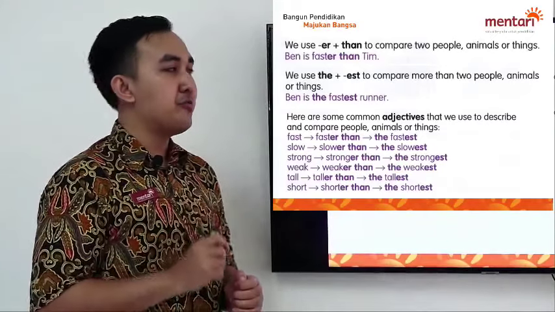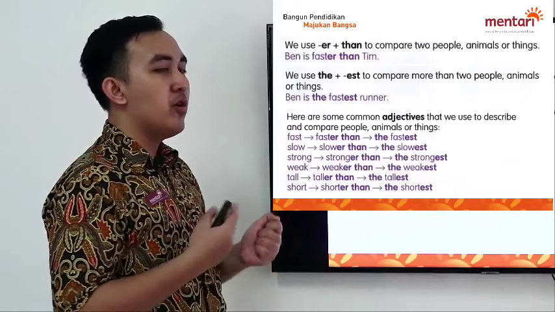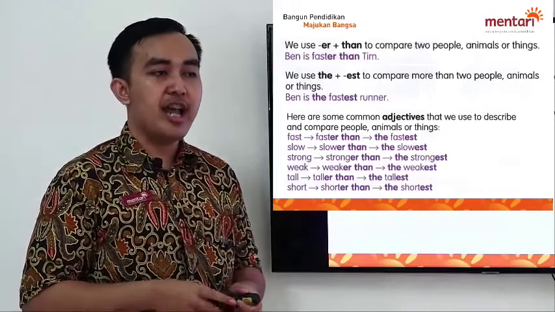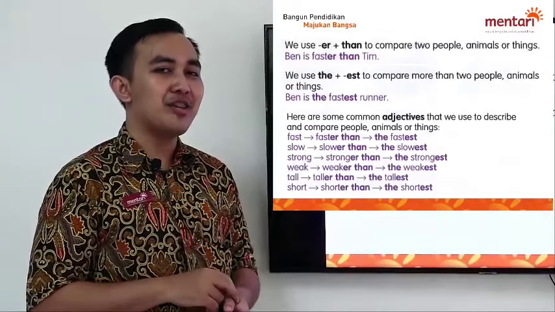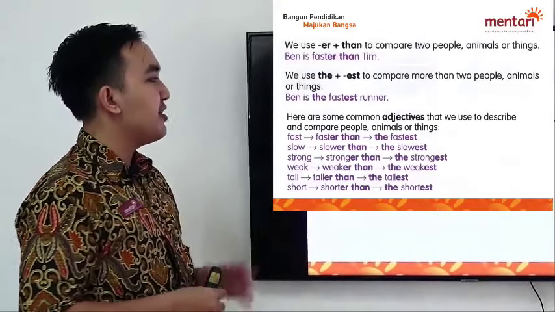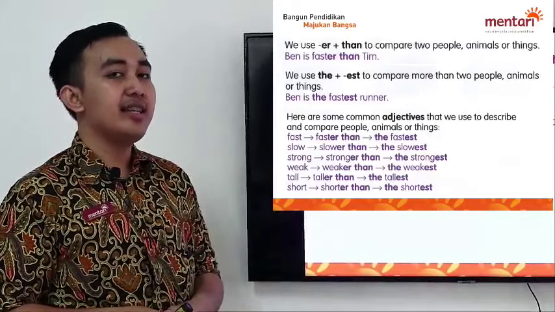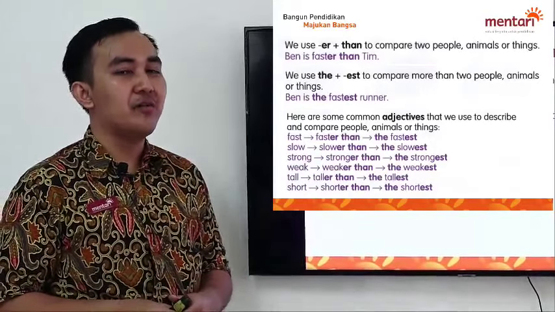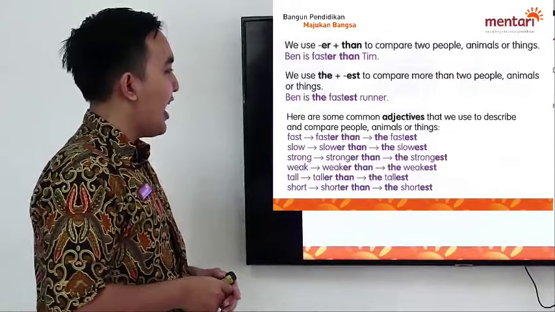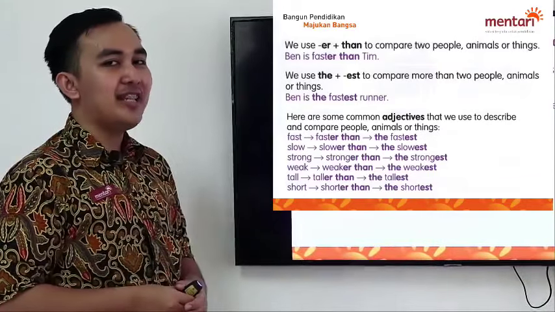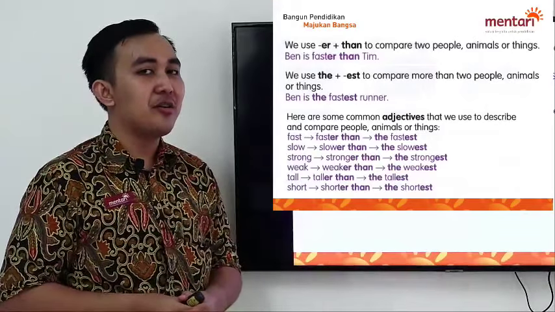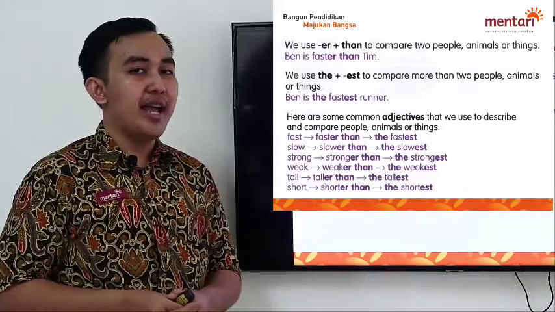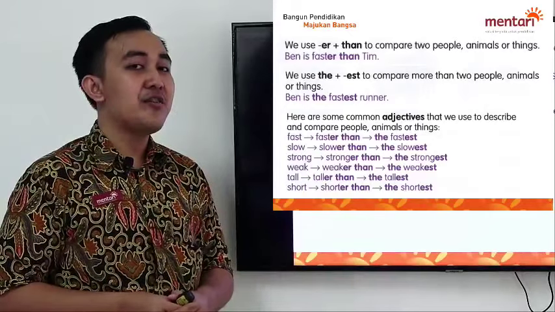But for this one, if you want to compare more than two people, more than two animals, and more than two things, you can use the plus est after the following adjectives. And we can take a look on the example. Ben is the fastest runner.